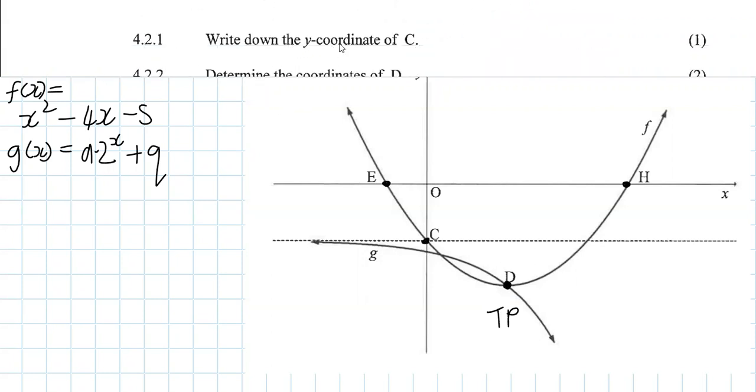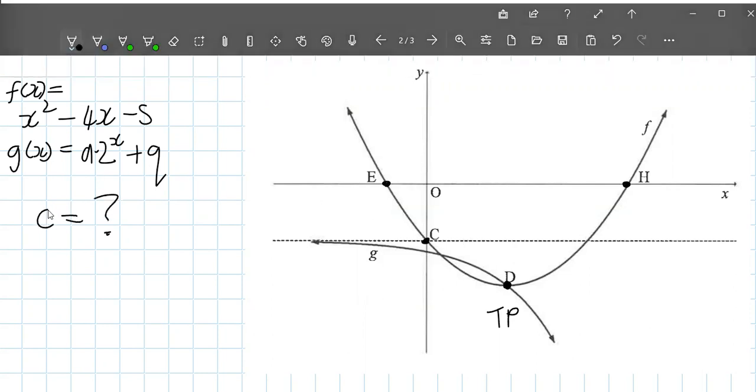Question 4.2.1, write down the coordinates of C. So C, what is C? Well, C is the y-intercept of f. So y-intercept, you let x equal 0. f of 0 is 0 squared minus 4 times 0 minus 5.